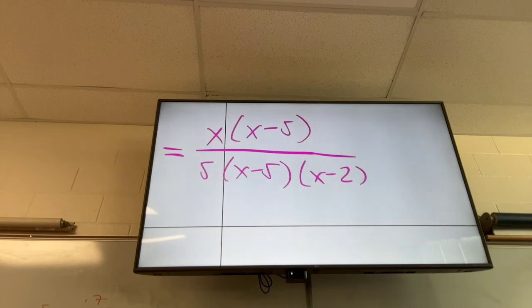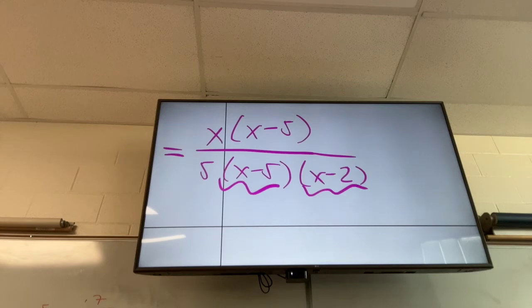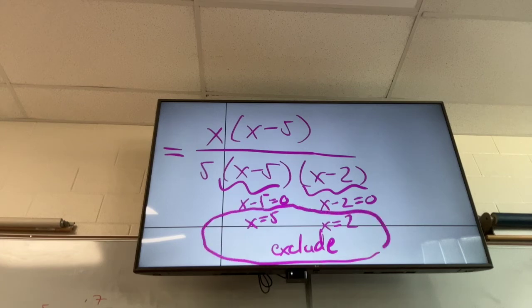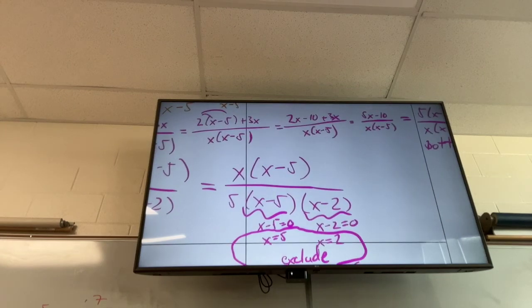Okay, what do I do to simplify? It's already factored, so I just do what? You always keep forgetting. Exclude it. Thank you. There we go. Dan knows what's up. So, what are my excluded values here? 5. Yep, and then I do what here?